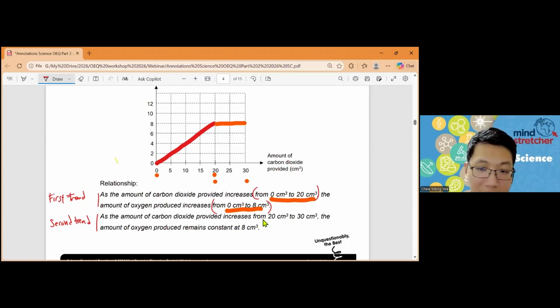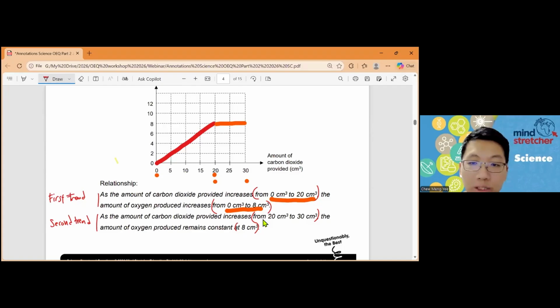Then for my second sentence, if I don't write the values: as the amount of carbon dioxide provided increases, the amount of oxygen produced remains constant. If I have no values, then the two sentences side by side don't make sense at all, because you are suddenly contradicting yourself. In the first sentence you say the amount of oxygen increases, then in the second sentence you say the amount of oxygen produced remains constant. So which one is correct?